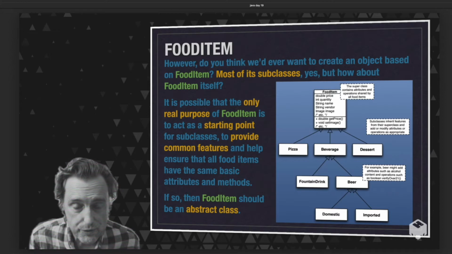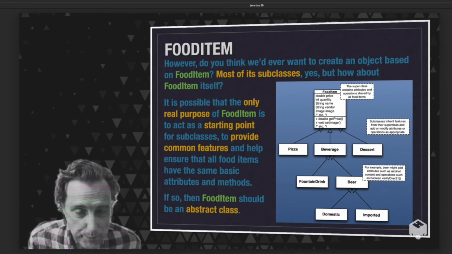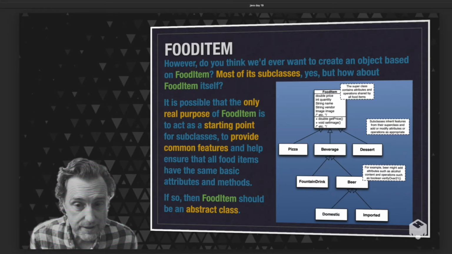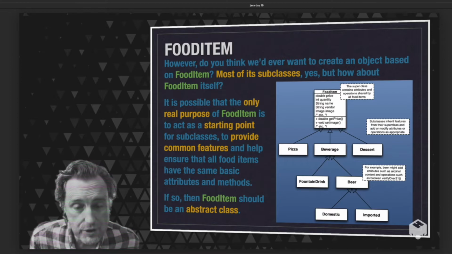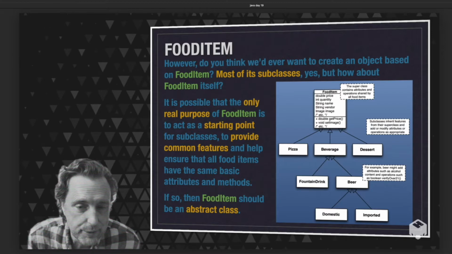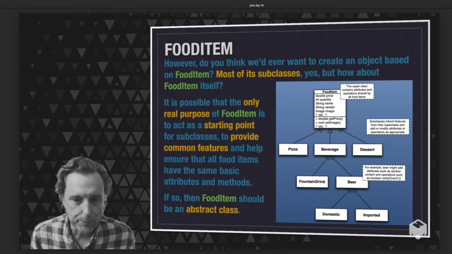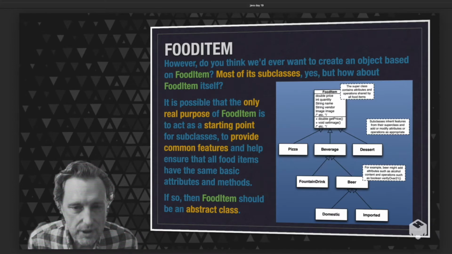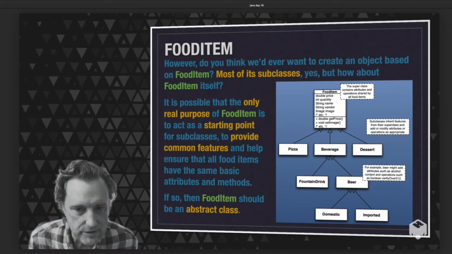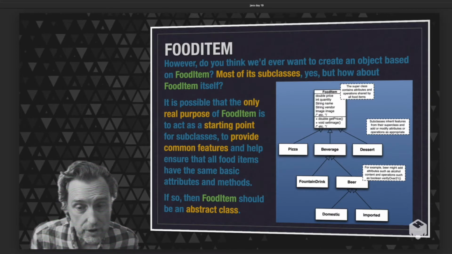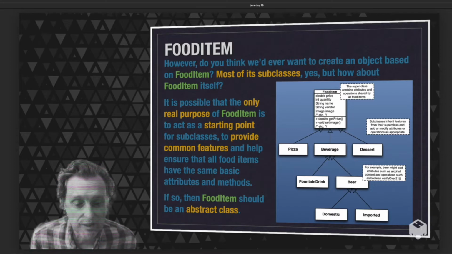It is those features that are common or consistent, but we put in FoodItem that makes it easier when we create, say, pizza, because much of the code's already been defined for us in FoodItem. But even better, when we go to program beverage, not only is it easier because lots of the stuff has already been defined for us, but it also guarantees consistency.